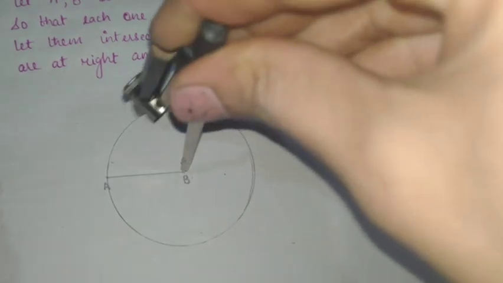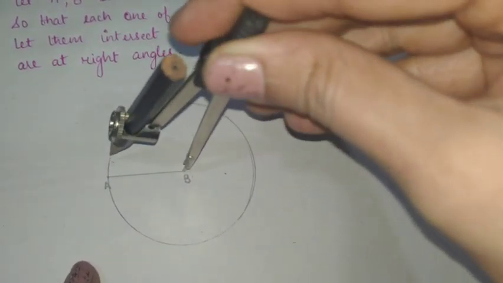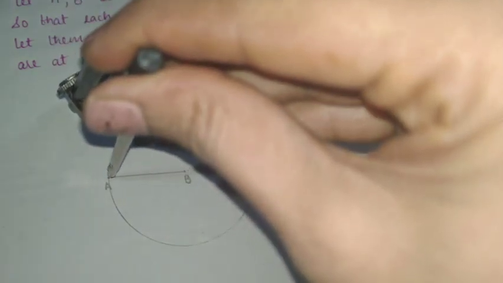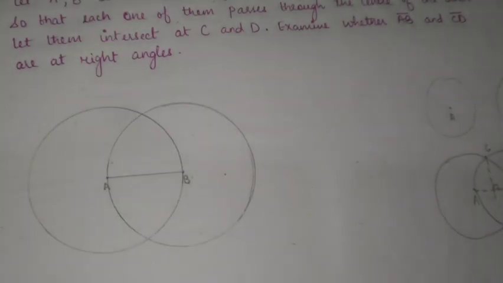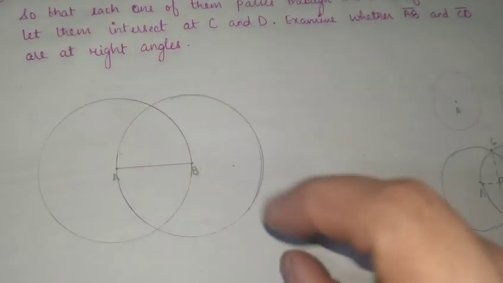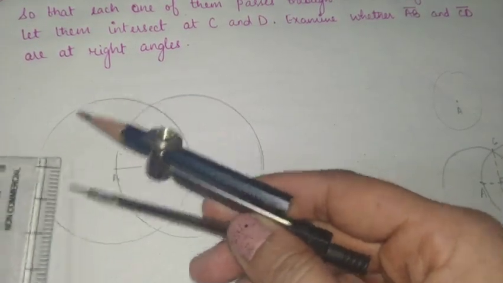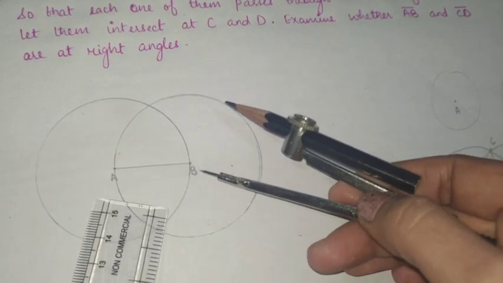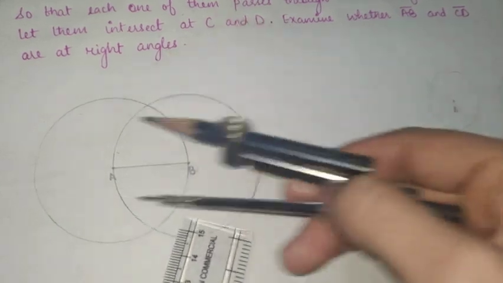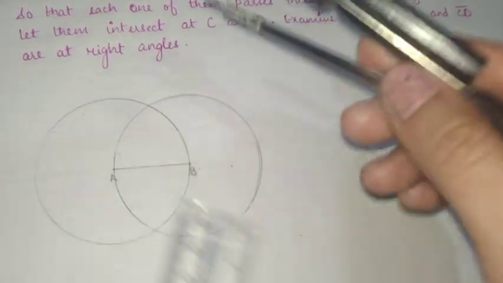So this is my first circle with center B and it has passed through center A. I'll repeat the procedure by keeping A as center, and now my circle will pass through point B. Okay, so now I have drawn two circles of equal radius, and I have drawn them such that this circle has passed through the center of the other circle and this circle has passed through the center of the first circle.